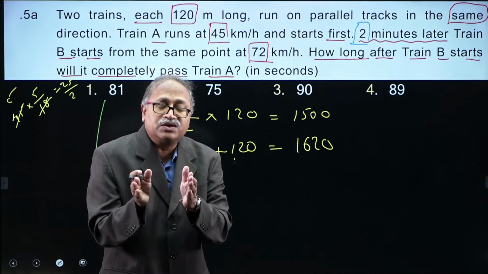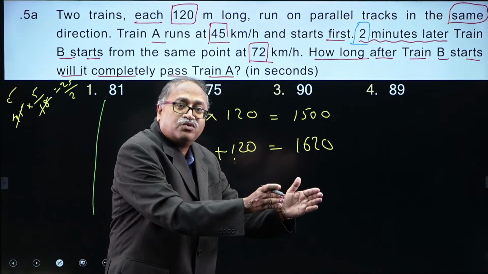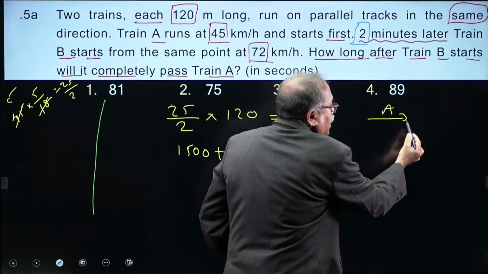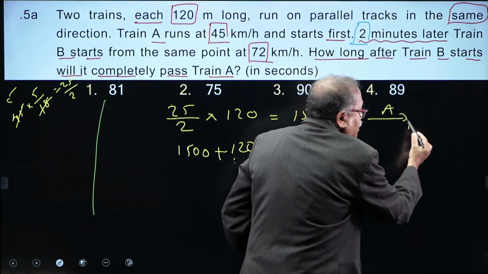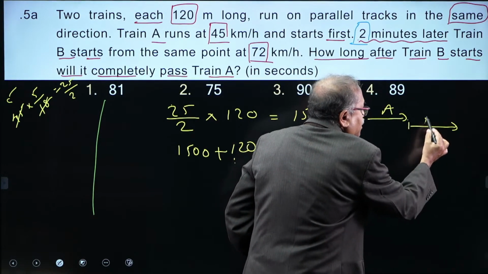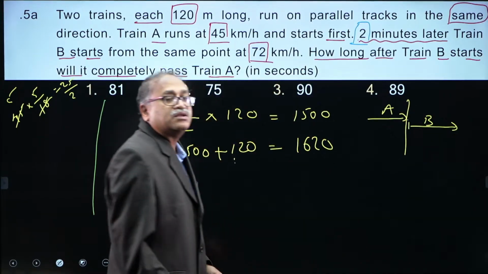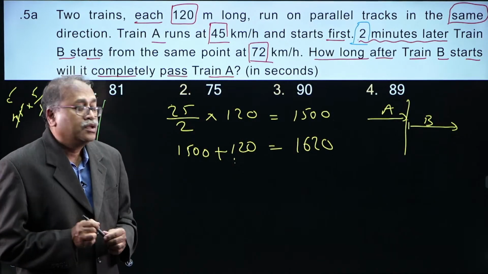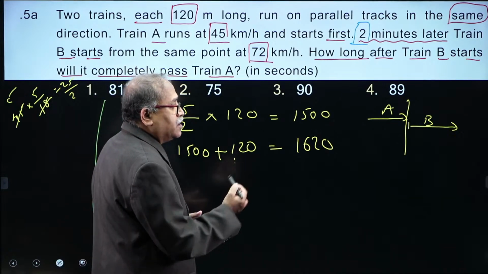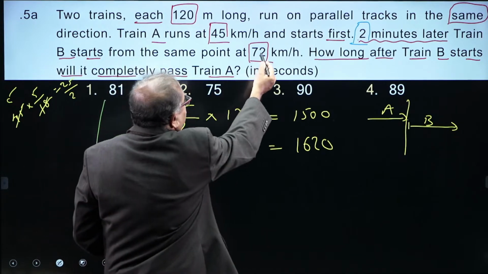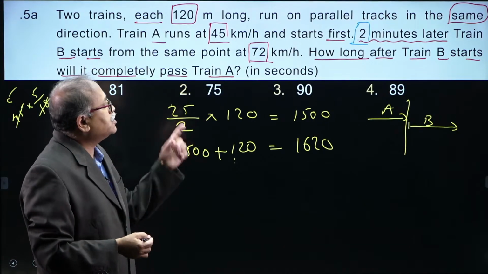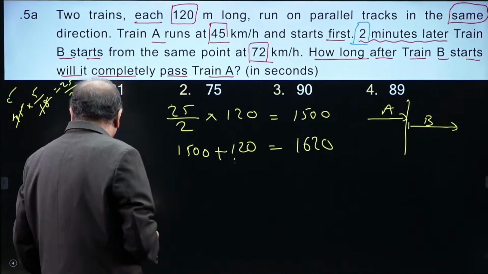So, train B has to move in such a way that if this is train A and this is the end, the beginning, this is train B, it is the end, then I will say overtake. So, I have to add 120 more. Okay. So, this is what my total distance is, and what is 72 km per hour? That is 18 4 4 5 20. So, 20 meter per second.